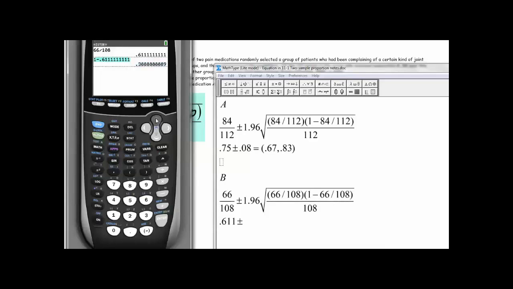Then I just want to multiply those two together. So the numerator is 0.237. I'm going to divide it by 108. Then I want to take the square root of that. And now I want to multiply that by 1.96. Okay, so I get 0.092.